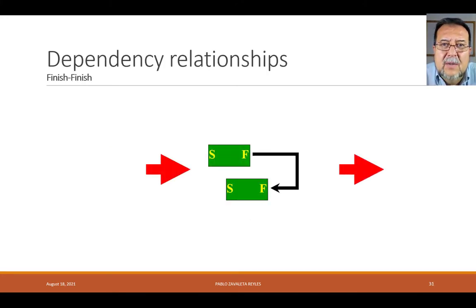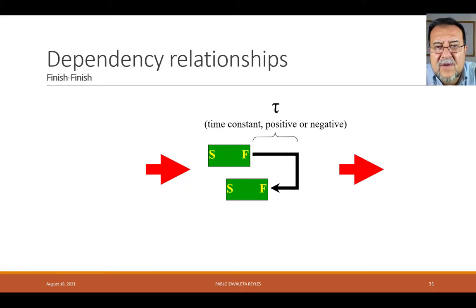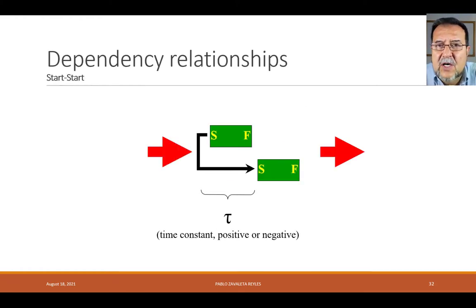The second one is the finish to finish dependency, where the finishing of the second task is determined by the finishing of the first task plus or minus the time constant. Start to start, again, the second or dependent task starts plus or minus the time constant applied to the first task's start.